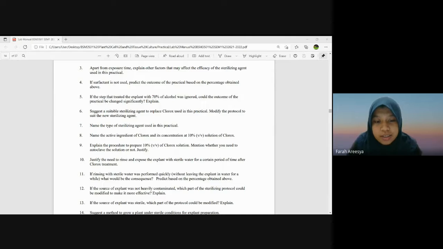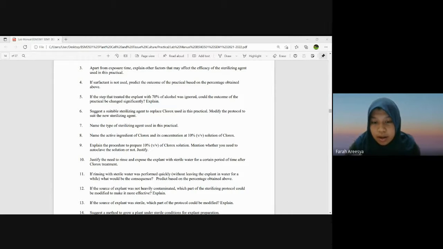Okay. So if the explant was not heavily contaminated, we can directly immerse the leaf in the 10% Clorox after soaking the leaf with the Tween 20 without sterilizing with the 70% ethanol. Because alcohol is used for surface sterilization of explant, as it only dissolves the organic components on the surface.